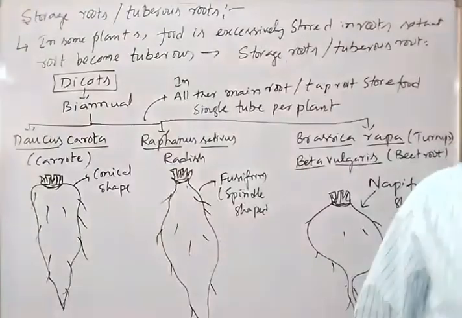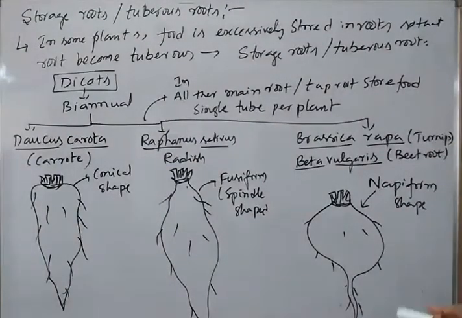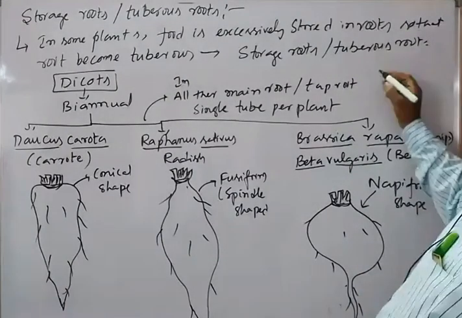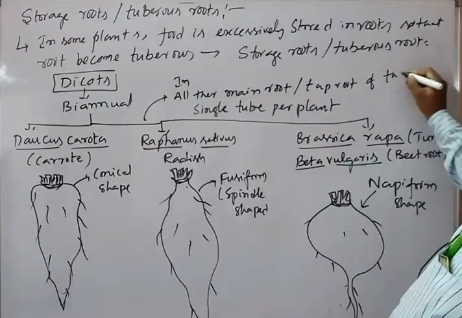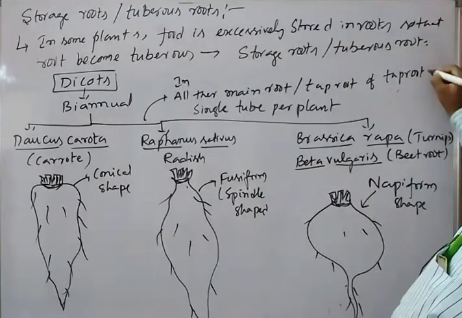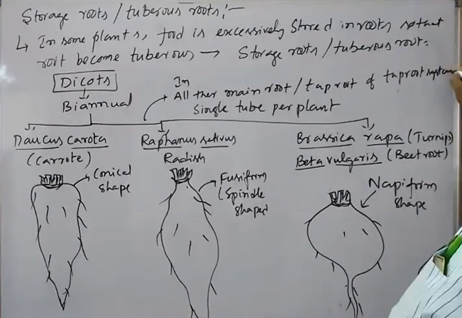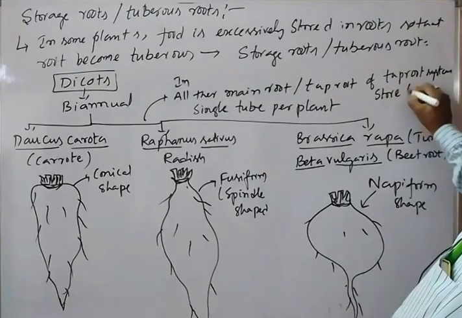Only one tuber per plant. Taproot of the taproot system stores the food material.